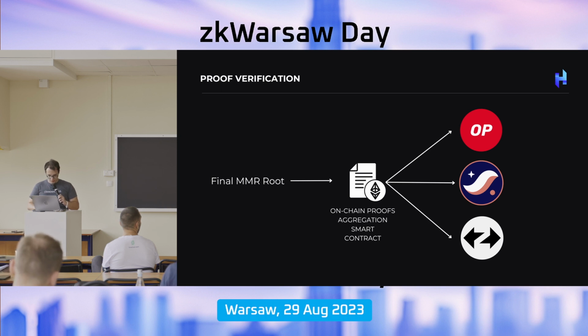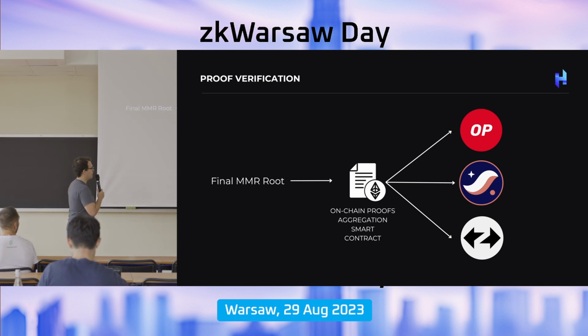So now coming back to the original part of my presentation, how can this actually solve historical data and reading state of layer 1 through rollups and rollups from other rollups? So we can verify this bunch of proofs that will generate this Merkle Mountain Range on layer 1, and then we can basically propagate it to other rollups.